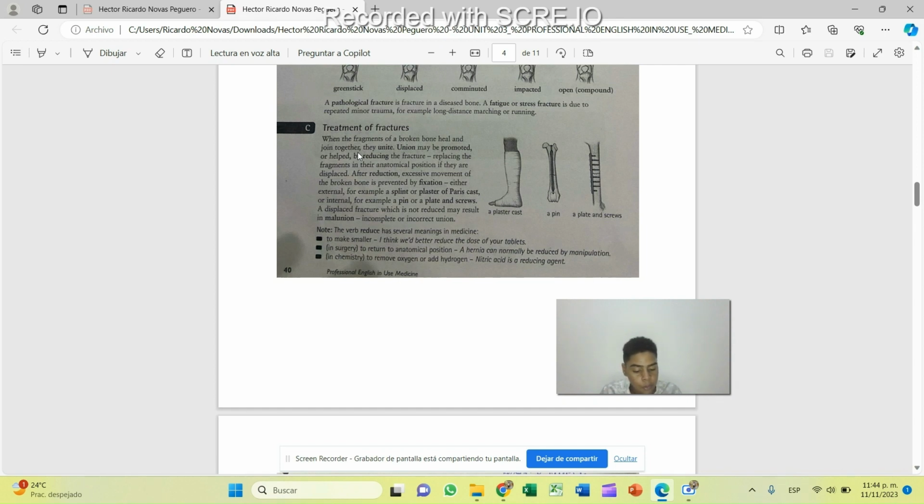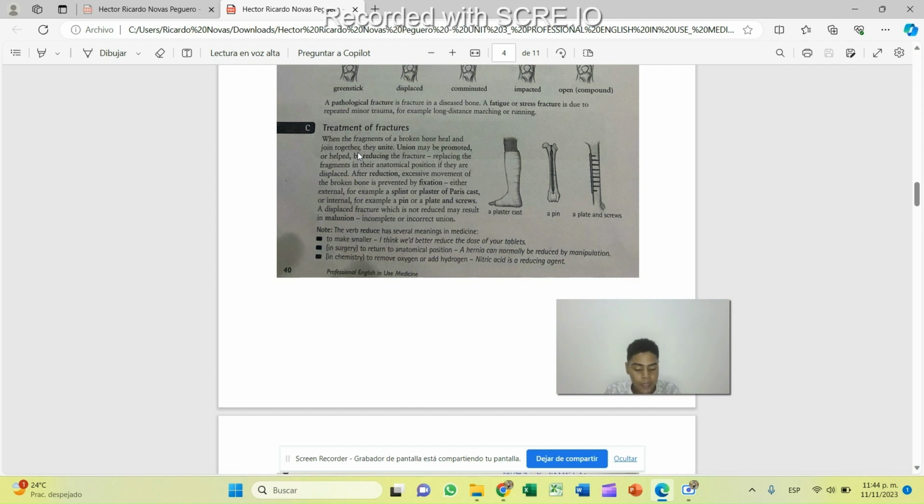After a reduction, excessive movement of the broken bone is prevented by fixation, either external, for example, a splint or plaster of Paris cast, or internal, for example, a pin or a plate and screws.